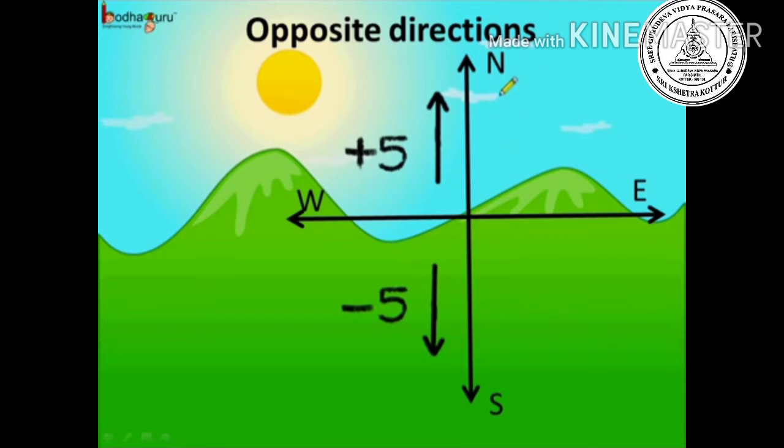North we considered positive and the south we considered negative. So the movement of 5 steps in north we said plus 5 steps, and the movement of 5 steps in south we said as minus 5.